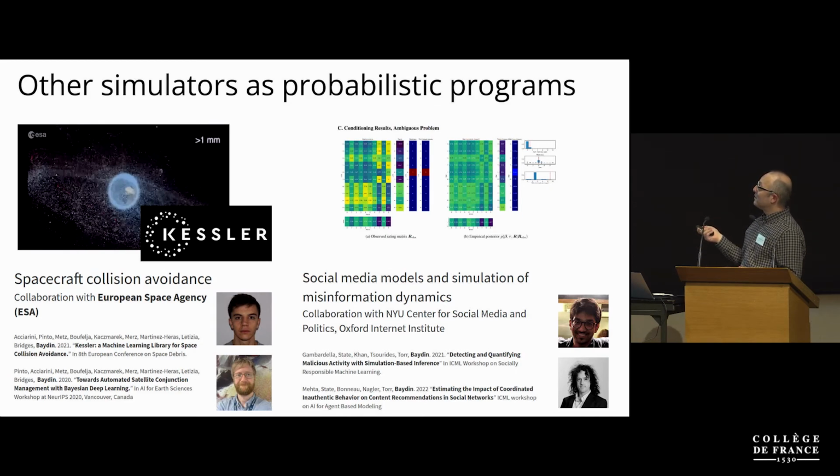And the other thing I was talking to Maria about is simulation of misinformation dynamics in social media. This is something we are doing with Swapnil Mehta from NYU. It's basically using probabilistic programming to model the spread of information.